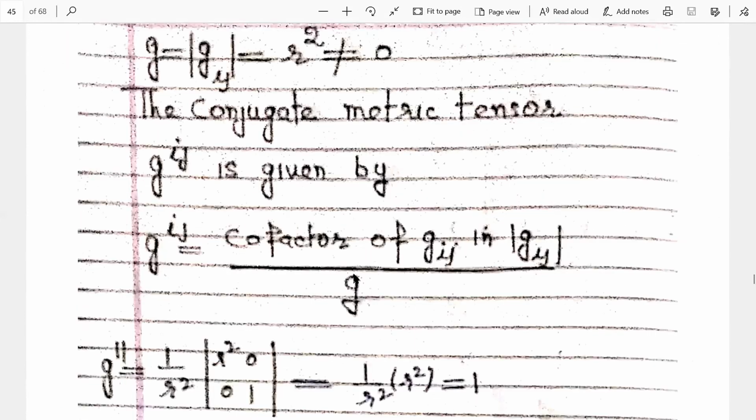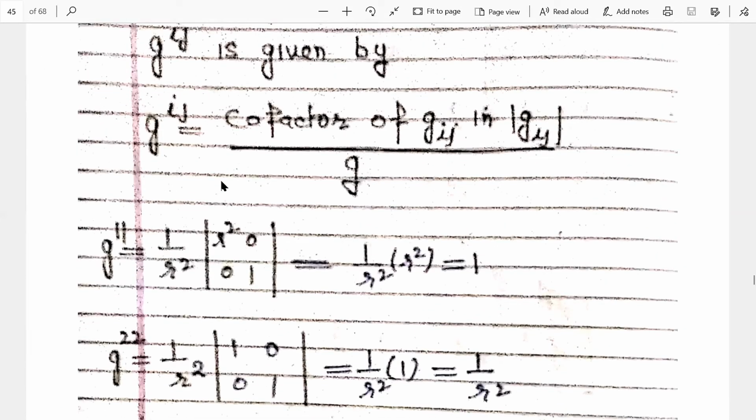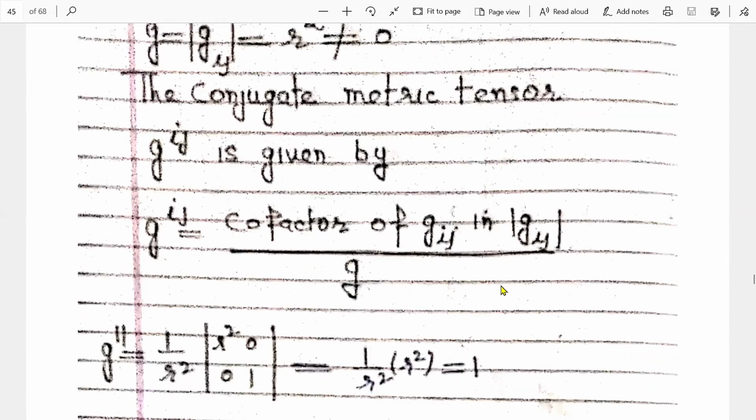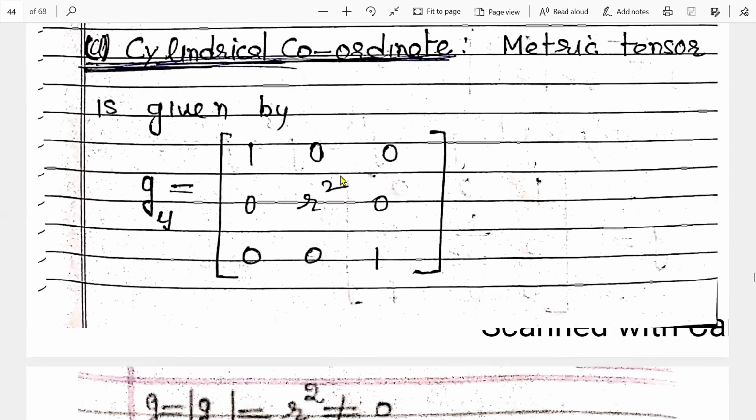Now see, in this way, the sign is positive, r square 0, 0, 1, and divided by g, which is 1 by r square, that is in case of every conjugate metric. Now this is 1 by r square, the value is 1. Now similarly, in case of G22, the sign is again positive.